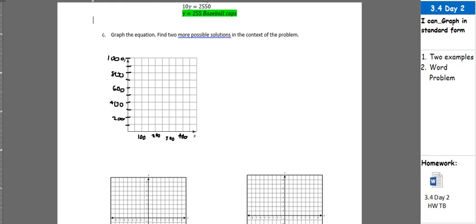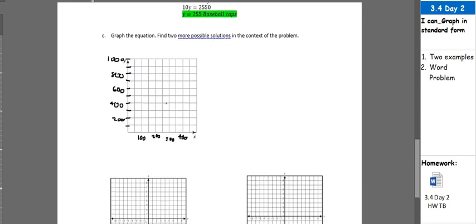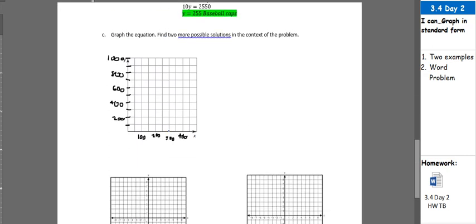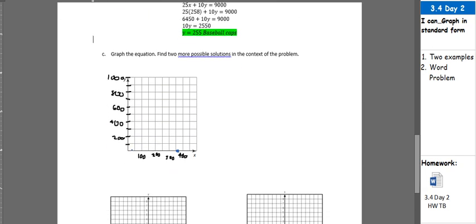Now I'm going to go in and I'm going to graph my two ordered pairs that I have, 360 and 0. That's right here. Here's 300, here's 400, so here's 350. Here's 360 and 0. Then I have to graph 0 and 900. So that's all the way up here. This gives me my 2 points.